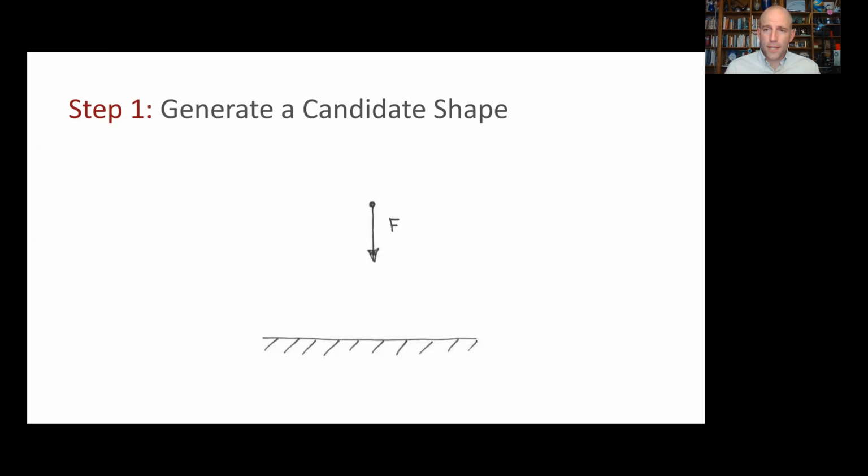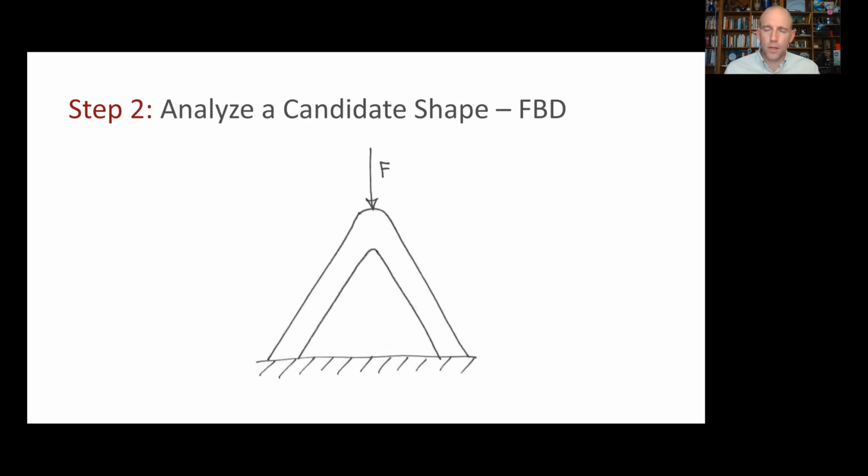All right, so hopefully you've had a chance to sketch out a few different ideas and discuss them with your partner. But for our purposes here, it would help if we had one concrete design to look at. So let's imagine that this was one of your candidate shapes. And who knows, maybe it was. Let's analyze it and continue through our process.